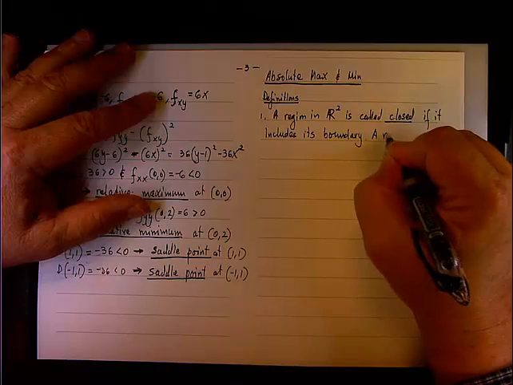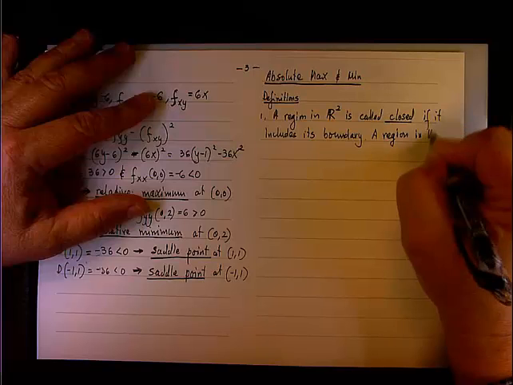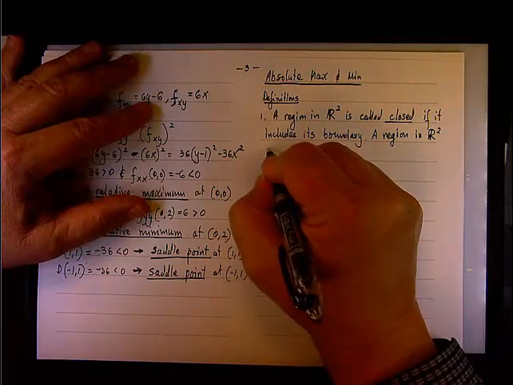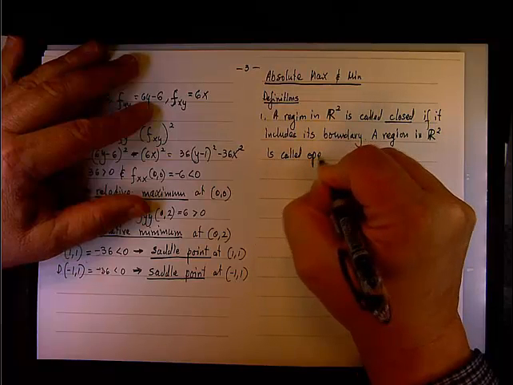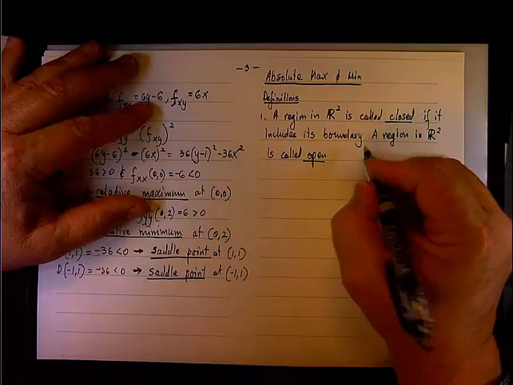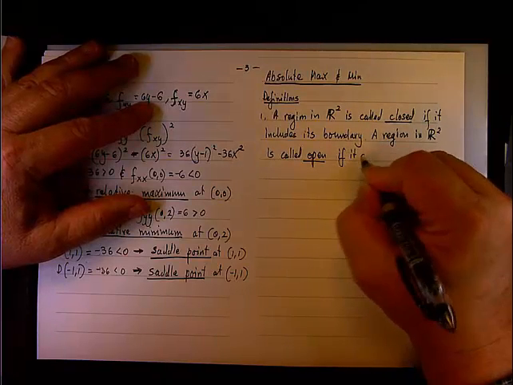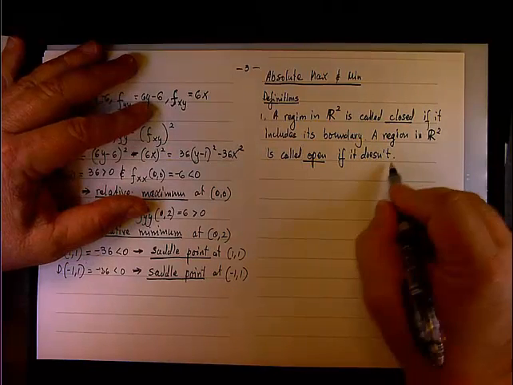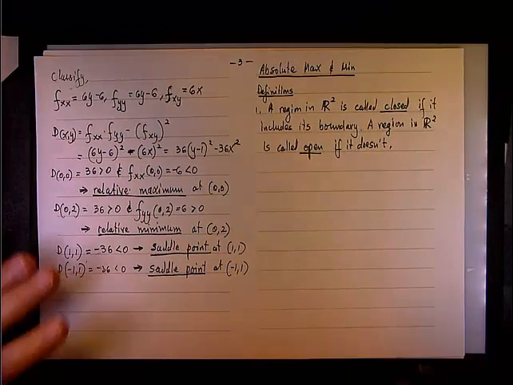Okay. A region in R2 is called open if it doesn't include the boundaries. Right?